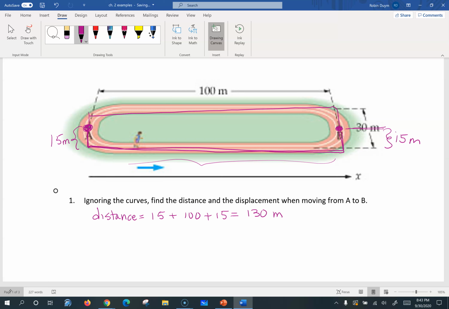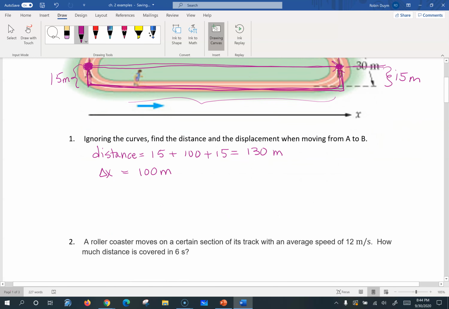Now, the actual displacement, if you were to take it from here and just do a straight line vector displacement, your delta x would then just be 100 meters, because they don't care about the fact that you went down, across, and up. They just care about your shortest distance from A to B.